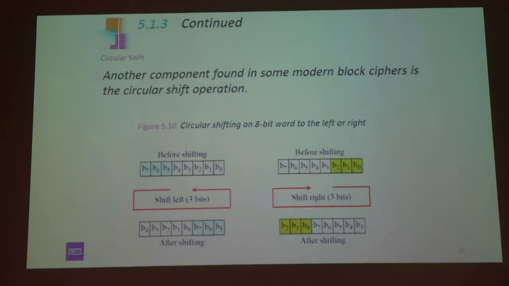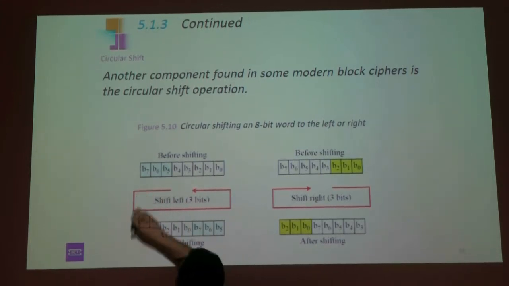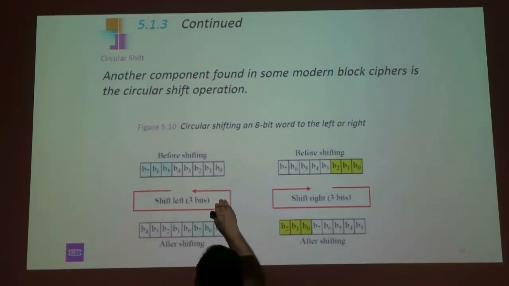All right. Another component found in some modern block ciphers is the circular shift operation. I'm sure you have learned about this in DCC. So here, before shifting, you have bits from B0 to B7, and you could have a shift left of 3 bits.